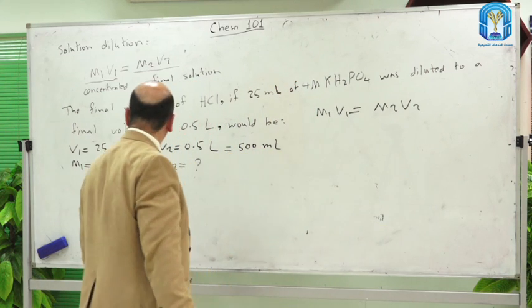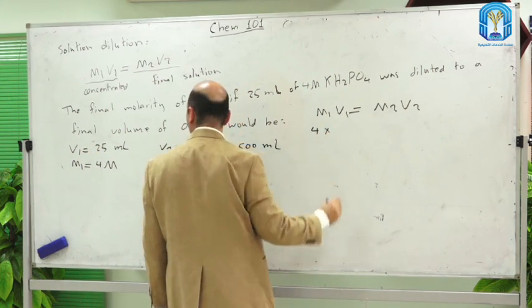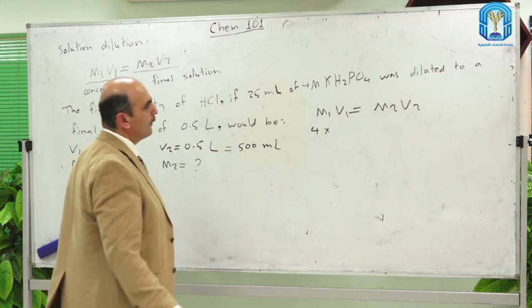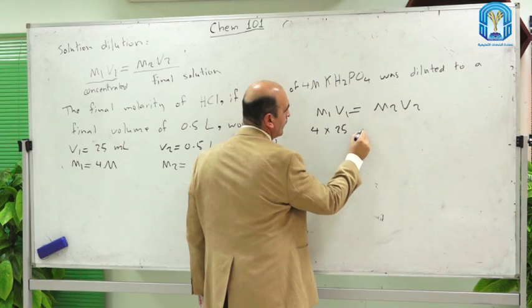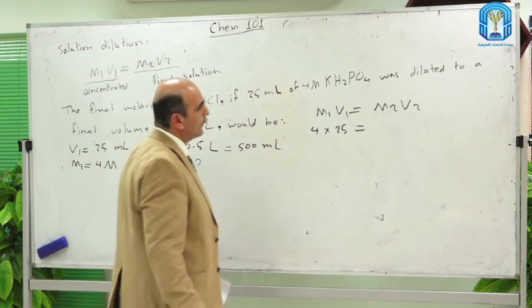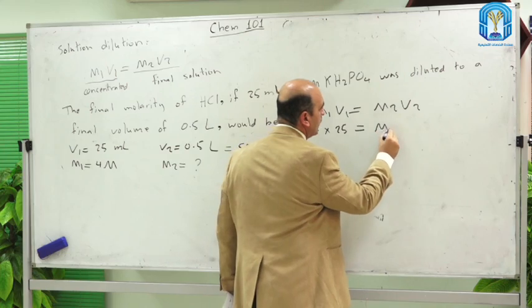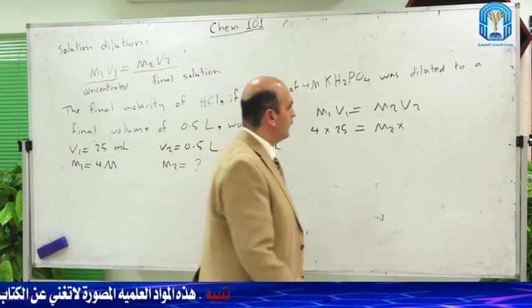M1, we have it 4 times V1, 25 milliliters, equals M2, that we need to calculate, times V2, 500 ml.